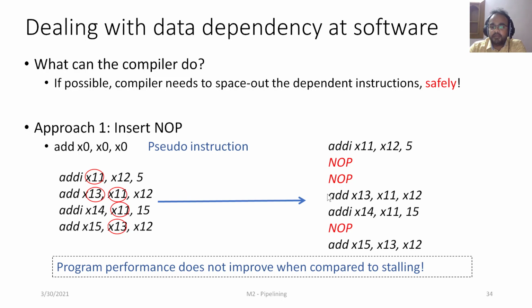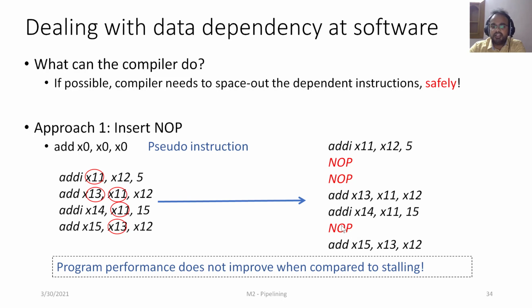when we are trying to decode the second instruction, basically read the values of x11 and x12, the first instruction would be in the write back stage. So x11 would already have been updated, which would be read by instruction 2. Now the same thing happens between instructions 2 and 4, right?